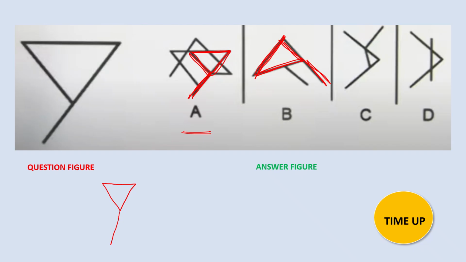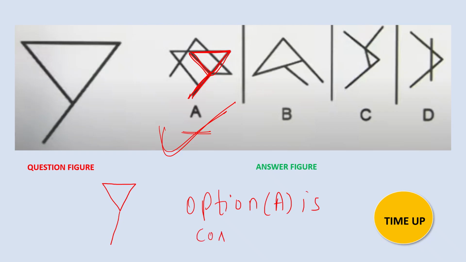So you should choose the first rule. So option A is the correct one, according to rule 1.